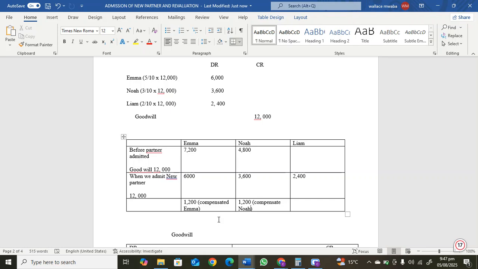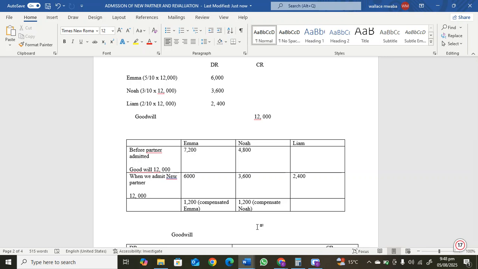Any questions? You remain with zero, basically, yes. This 2,400 has to go to these two people here because they've brought her in. Don't know if Liam is a guy or a girl.